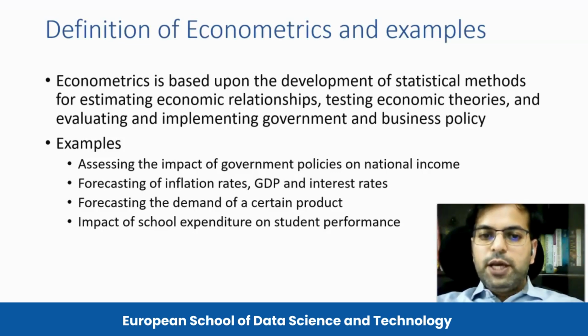A similar thing can be seen in the last example, where you study the impact of school expenditure on student performance, wherein the population or sample in question is the students of that particular school and does not correlate to all the schools existing in that particular region, strata, society, state or country.